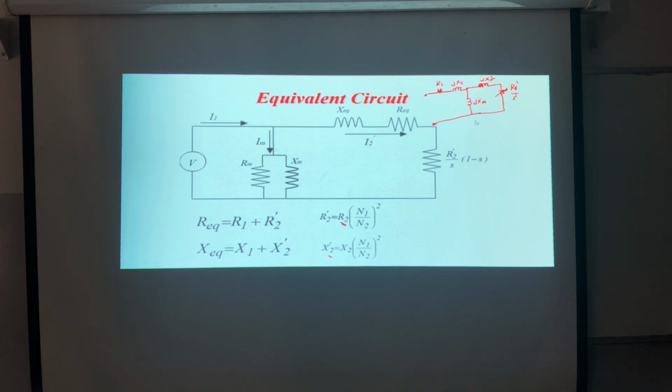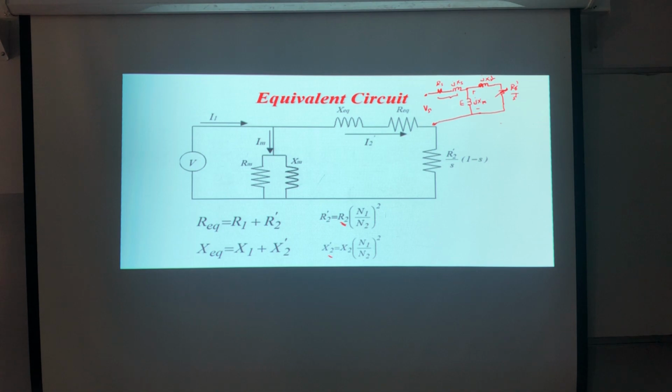Yeah? Now, if I need to find a relation for the torque, I can do an approximation. The first thing, the voltage drop here is negligible, which means that Vs here and E here are almost equal.